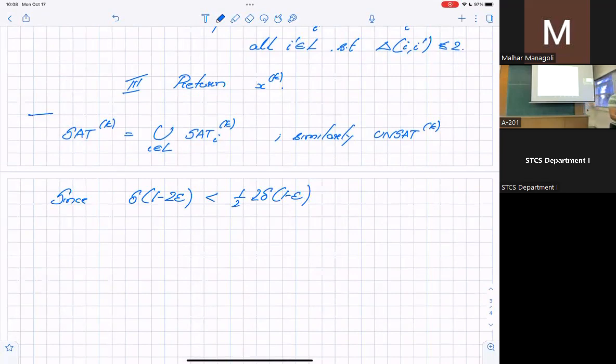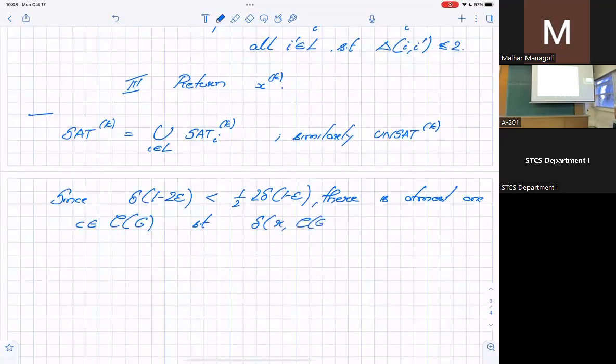They can't be two good. There is at most one C in CG such that delta of R and C of G is less than delta into 1 minus 2 epsilon.